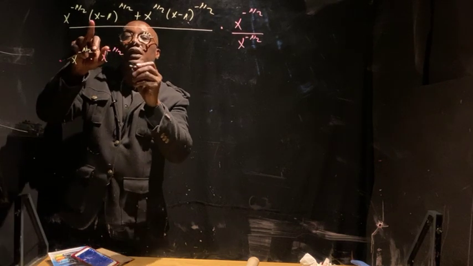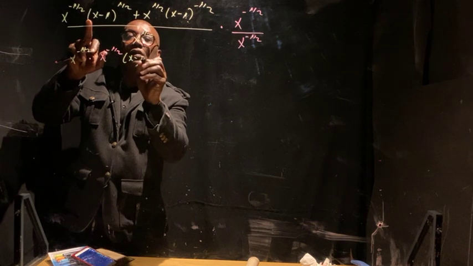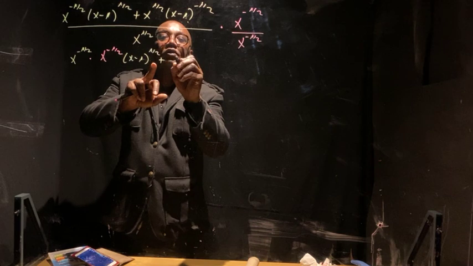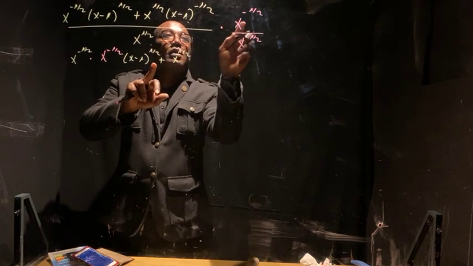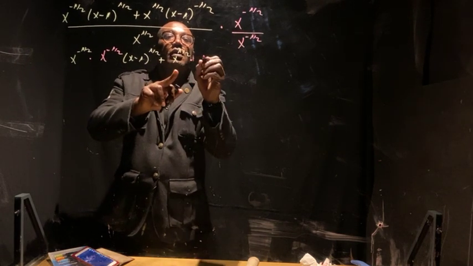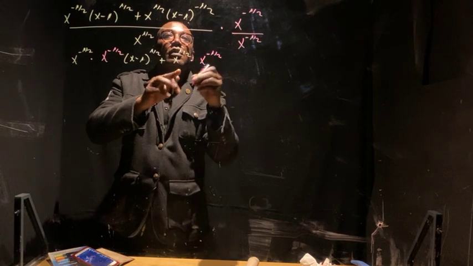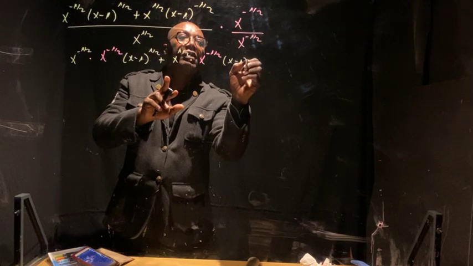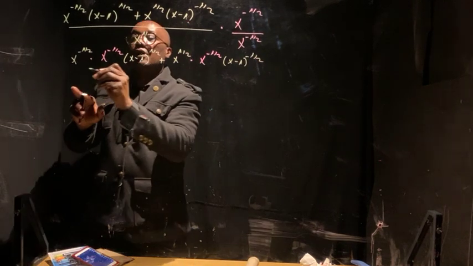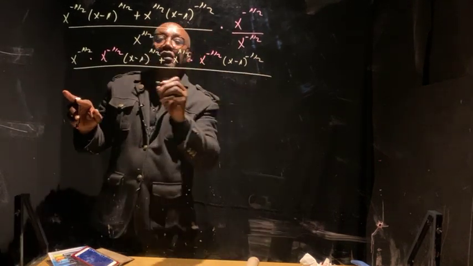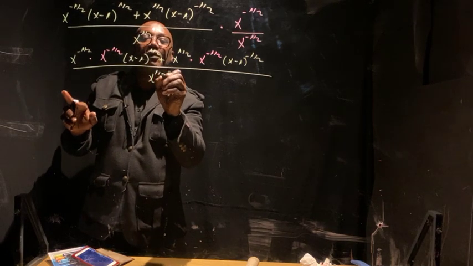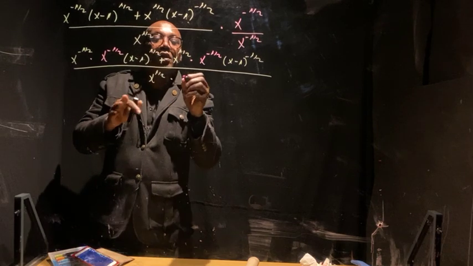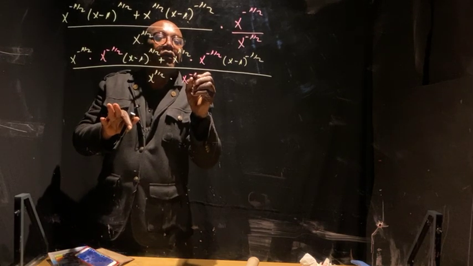Then this one comes along, raised to the power half, plus x raised to the power half multiplied to this one, then this one comes along with x minus 1 raised to the power negative half. Then we have a common denominator, which is x raised to the power half times x raised to the power negative half.